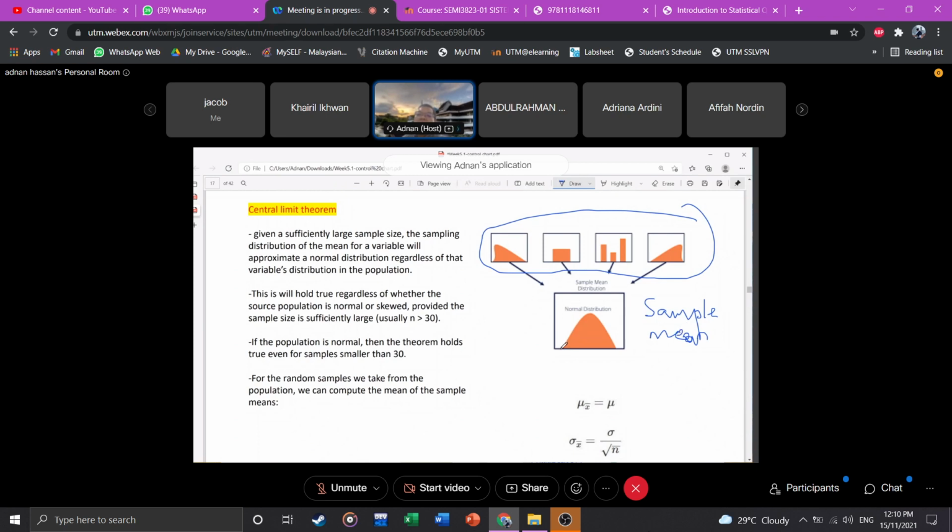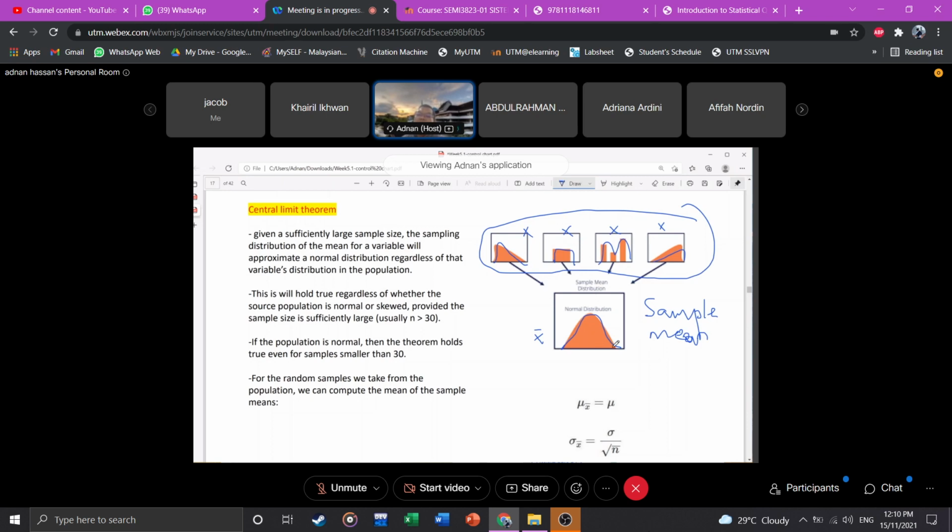This is the distribution of sample mean, meaning the distribution of X bar. But if you plot the individual, this is X, the distribution of X. So it can have this shape, or maybe uniform shape, or maybe shape like this.